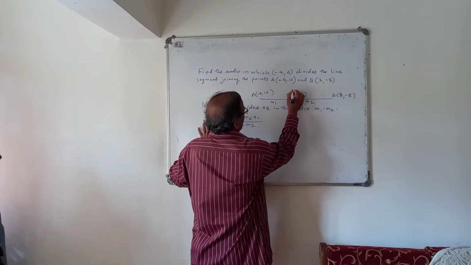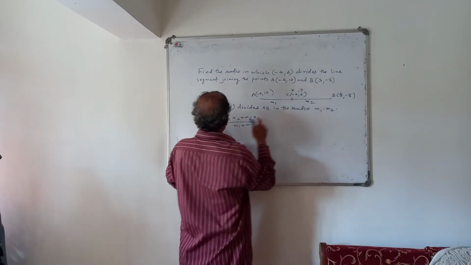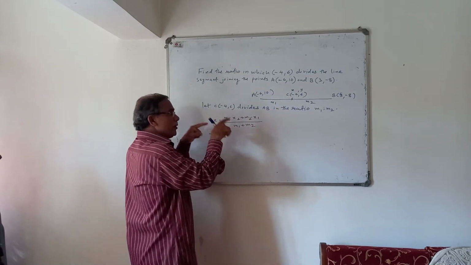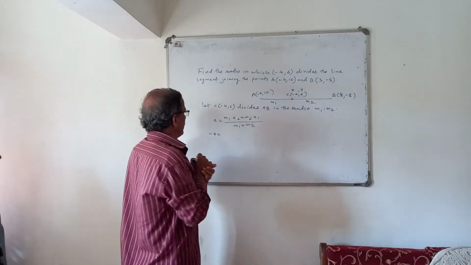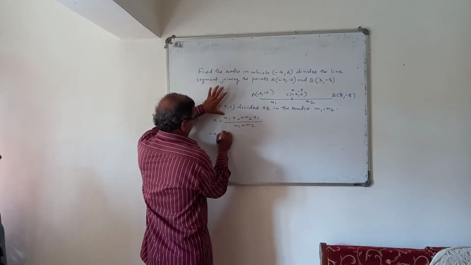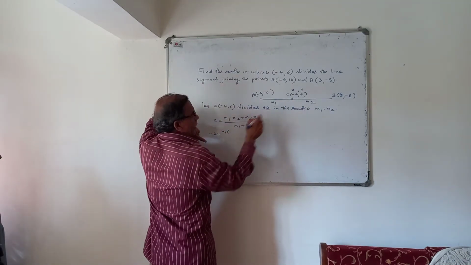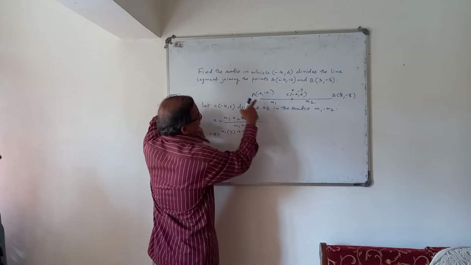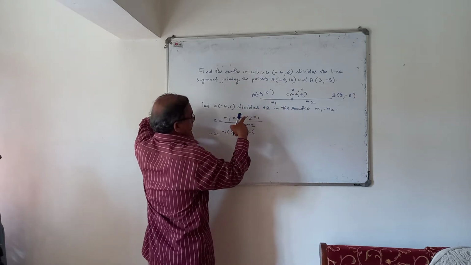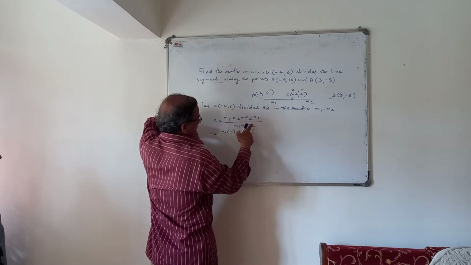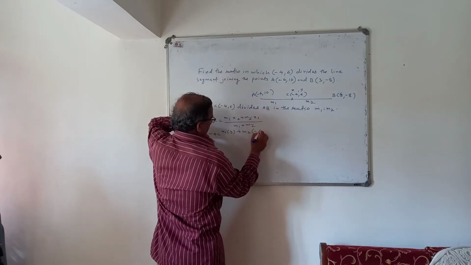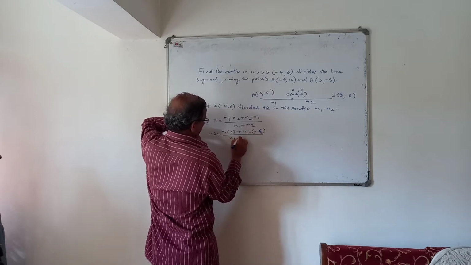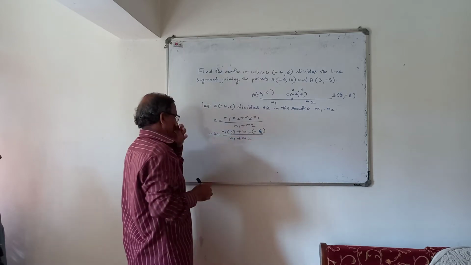Now we are given this x value. See, this is our x and this is our y. We are given the x value, which is minus 4. That coordinate we know now. M1 we don't know, so m1 into x2, that is 3, plus m2 into x1, which is minus 6, and whole upon m1 plus m2.